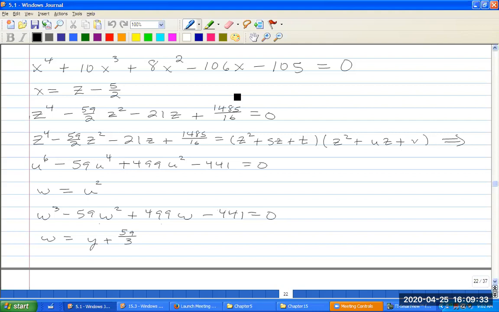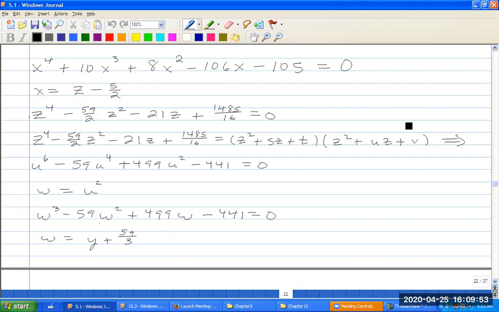Okay, so now suppose that I could factor the z to the fourth into z squared plus sz plus t times z squared plus uz plus v.